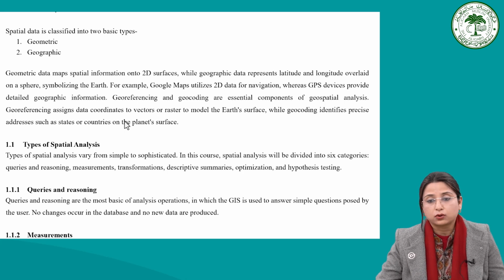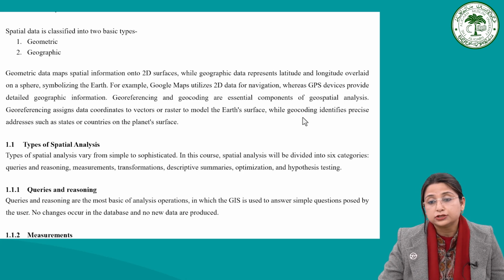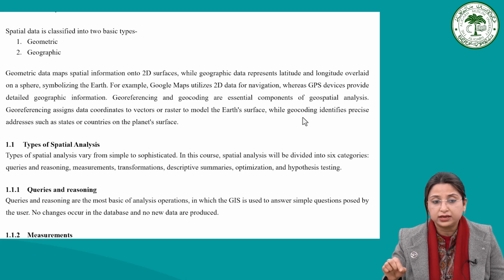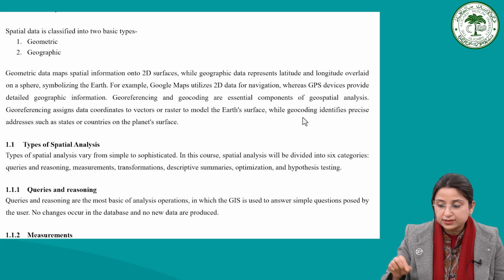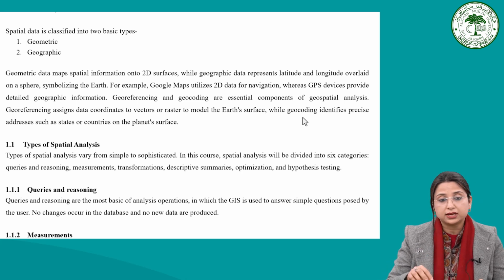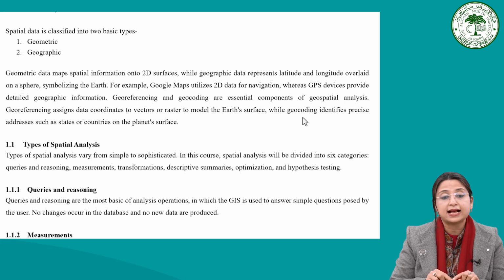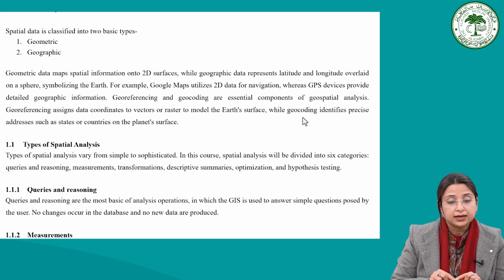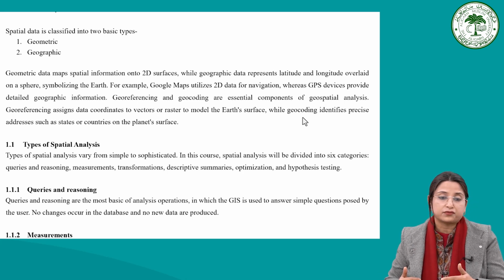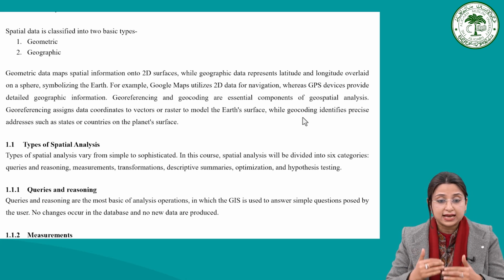But when we are talking about geocoding, it identifies precise locations and precise addresses. If I am talking about Uttar Pradesh, it has a precise location. It cannot be said that Uttar Pradesh is located at the place of some other state. It has its precise address.